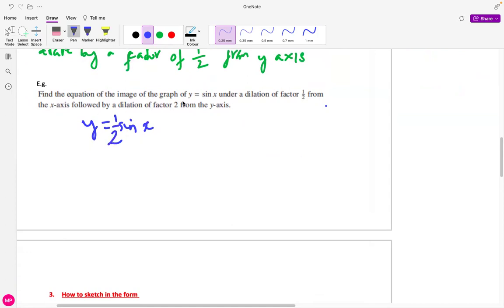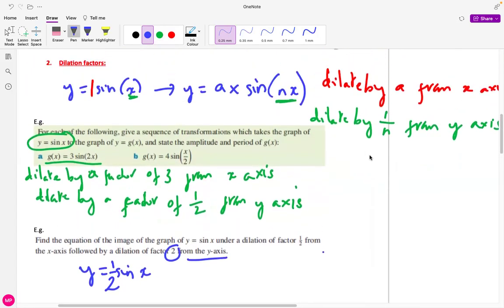Then followed by dilation factor of 2 from the y-axis. If it is from the y-axis, you're going to insert the number here. But remember, these numbers are supposed to be reciprocals, so you flip them over. So if it is n here, you write 1 over n.